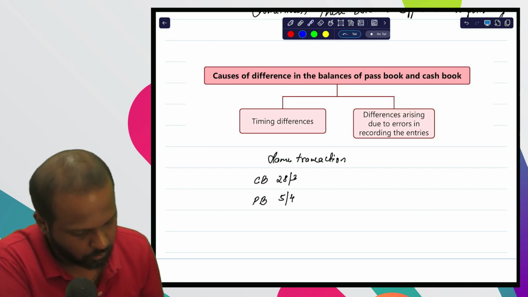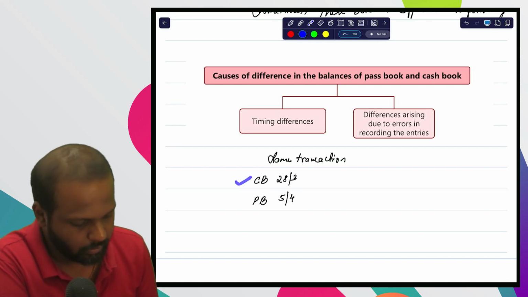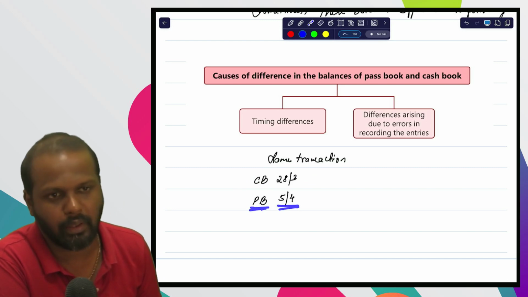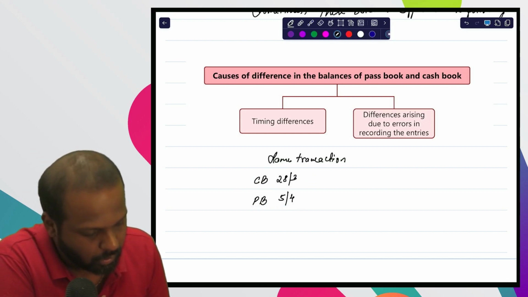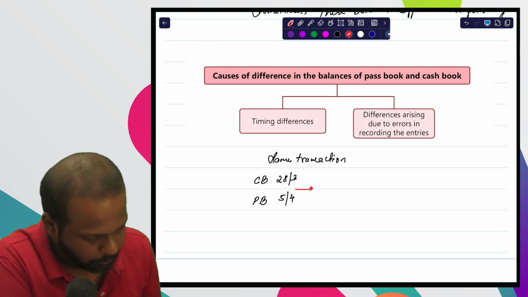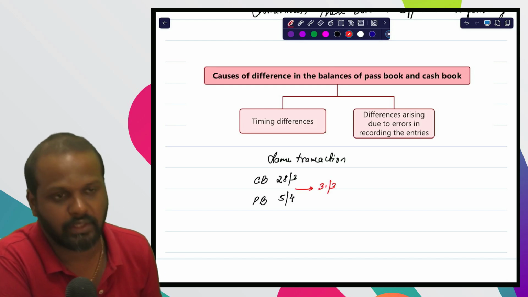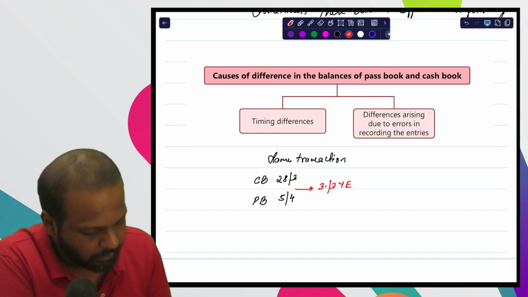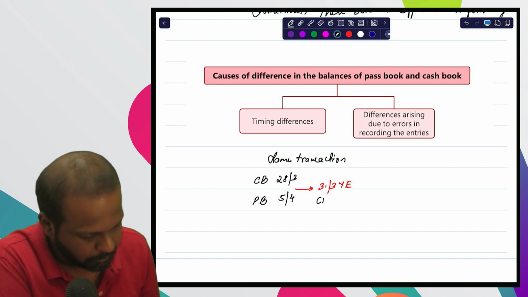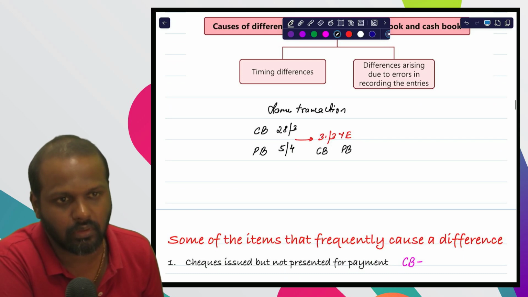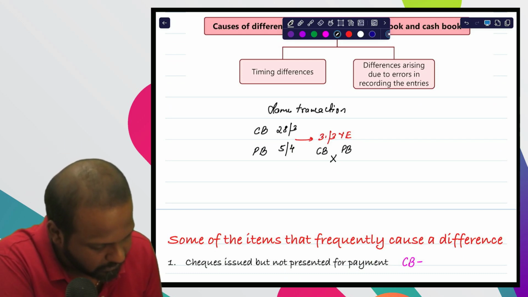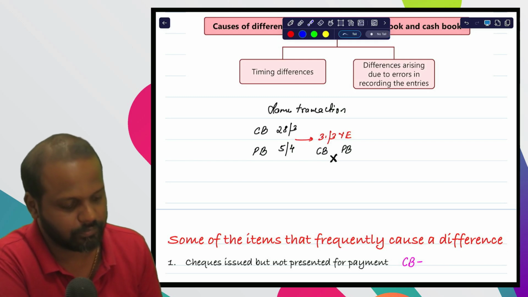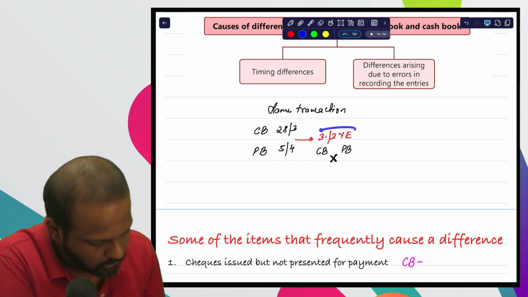So assume that there is one particular transaction. You recorded it in cash book on 28th March, but the same thing was recorded in passbook on 5th April by the bank. Now assume that your year end date is 31st March, and that day you see how much bank balance is there in cash book and how much bank balance is there as per the passbook. Obviously this bank balance will not tally on 31st March.